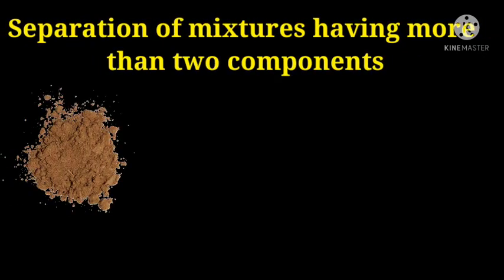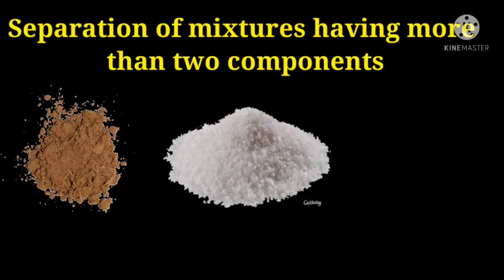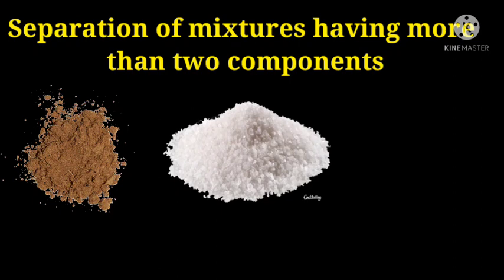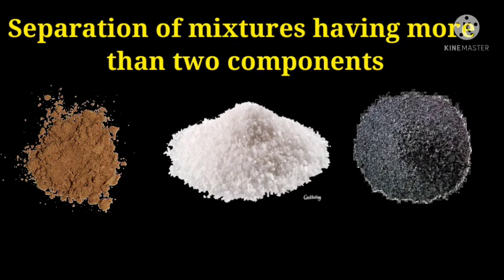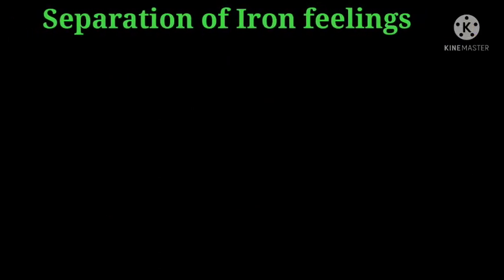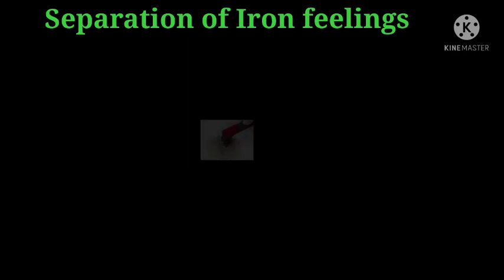So now the next topic is separation of a mixture having more than two components. So what will we do? Here you can see we have a mixture of sand, salt and iron filings, meaning three components are there. So first what will we do?